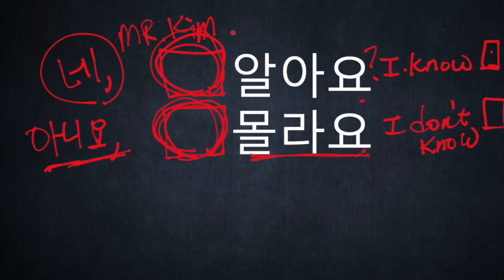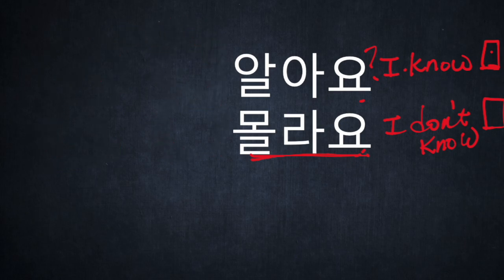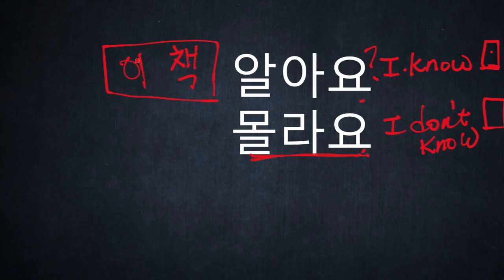It's just like other verbs, verbs always come last in Korean. So you will put those objects of things that you know or you don't know. You could say 이 책 알아요? 이 책 means this book. That's an object, right? 책 is book. 이 is this. 이 책 알아요? If you don't know, 아니요.